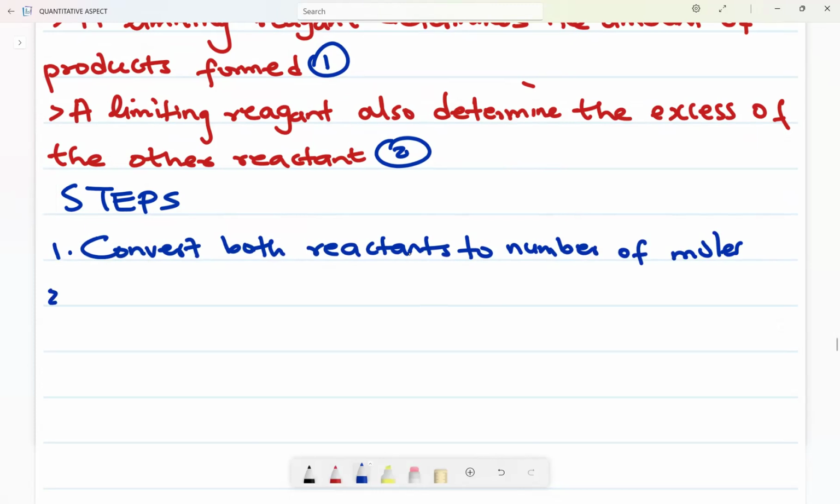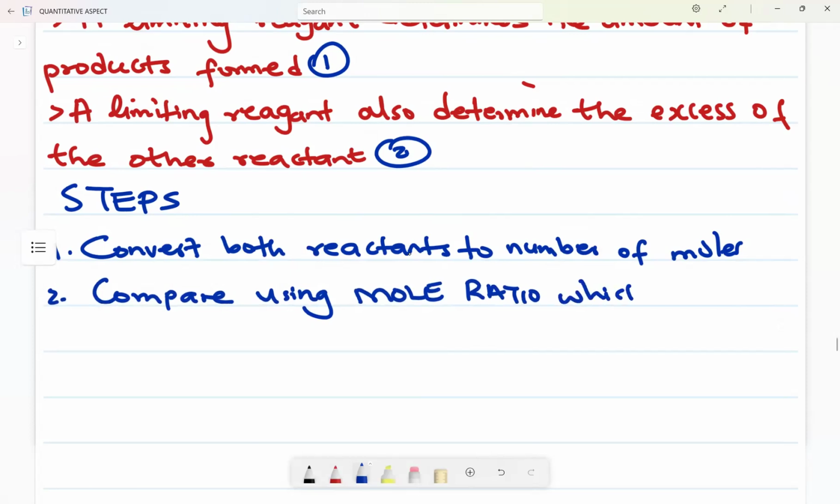The second step: compare using the mole ratio, to see which one is the limiting reagent, or the one that is in excess.